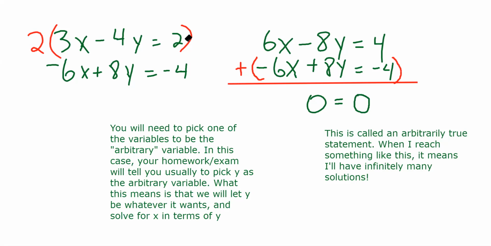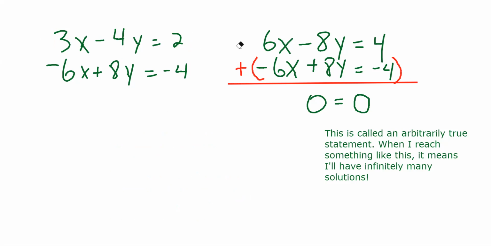So that's a long way of saying this. We're going to take our first equation here. We're going to say that the solution set, whatever x is, we're going to say that y is arbitrary. So the solution is going to be written where we just have a y there.